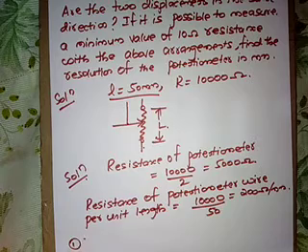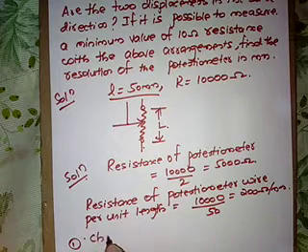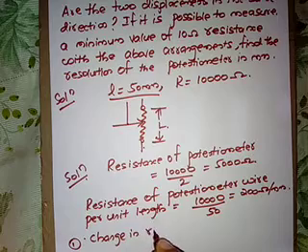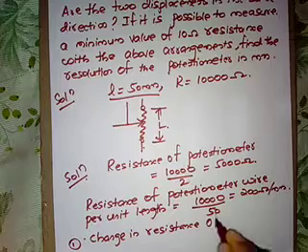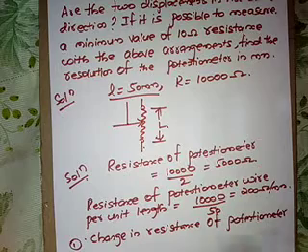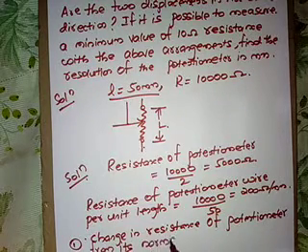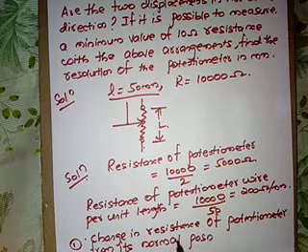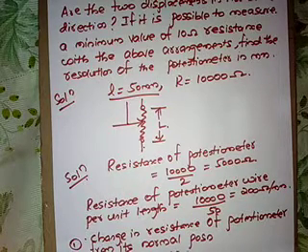For the first case, change in resistance of the potentiometer from its normal position. That is 5000, the normal position at the center, minus the given value 3850.